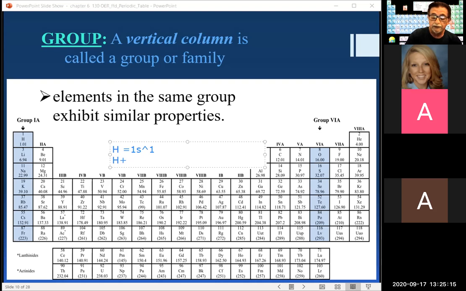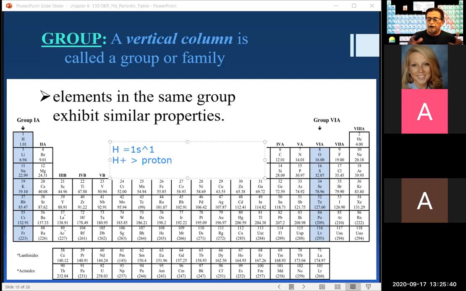And that guy is what is roaming around in your stomach right now. That has a special name. We call that a proton. That is what's roaming around. That is what all acids have. A hydrogen that lost the electron to create an H+ ion, which we call a proton.